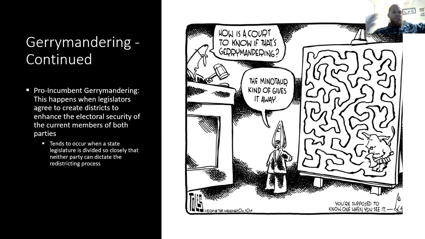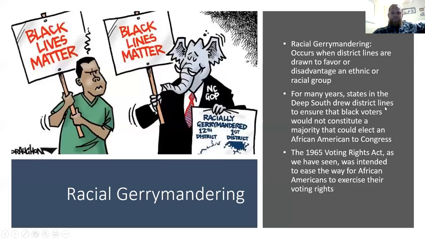Thus, they just agree to help each other out. So let's just say in Arizona, again, we've got 9. They would hypothetically create 4 very strong red, 4 very strong blue, and then 1 in the middle, and then it just becomes a coin flip every 2 years. So that would be pro-incumbent.